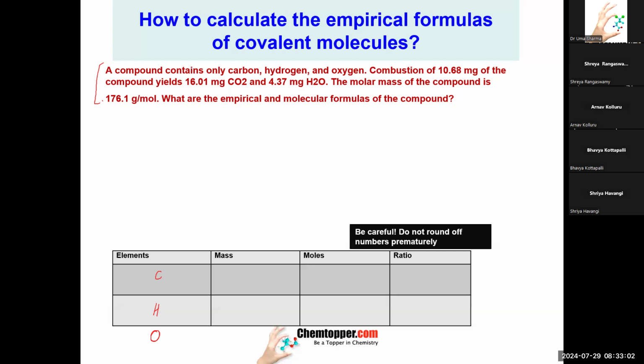So do you know the molar mass of CO2? Can you work out the molar mass of CO2? Shreya H is right. It is the same number, 44 milligrams per millimole.